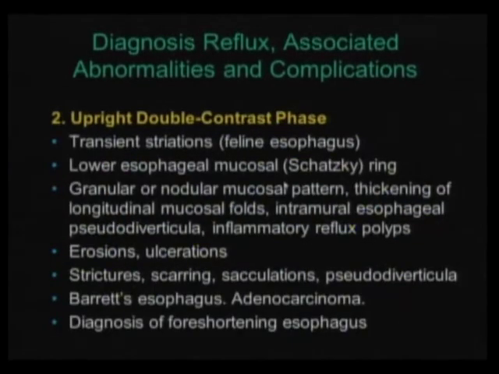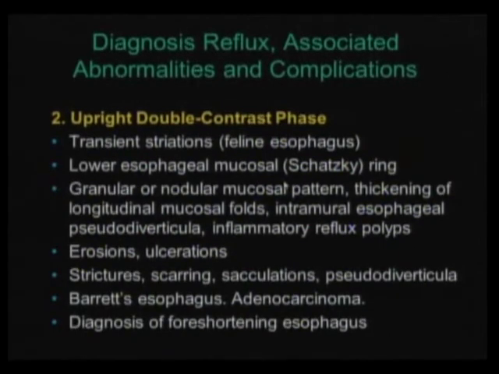The second phase is the upright double contrast examination. For this, we request the patient to swallow some crystals that distend the lumen of the esophagus, and we ask the patient to swallow continuously a high-density barium, and we take pictures of the upper, middle, and especially the lower esophagus.